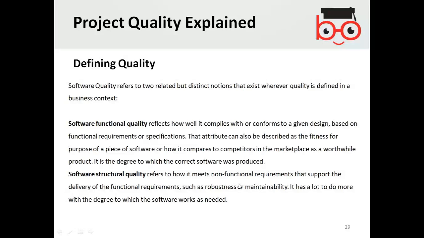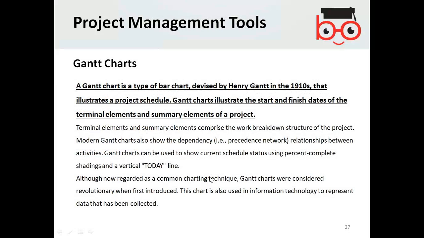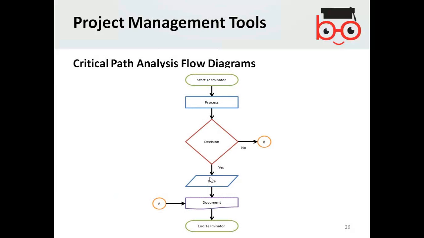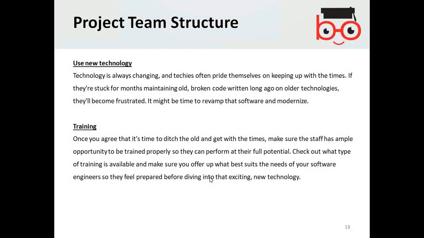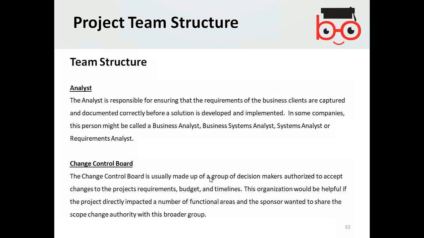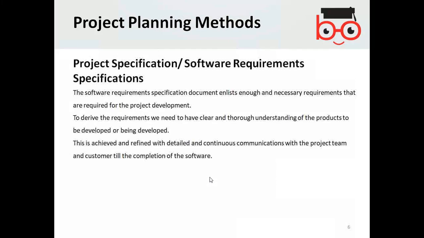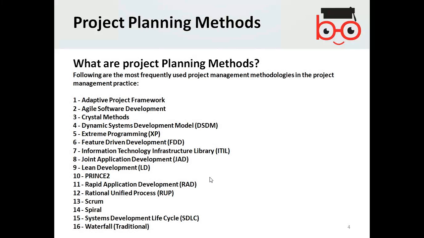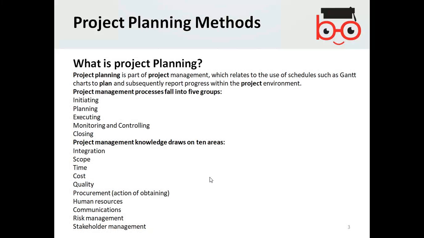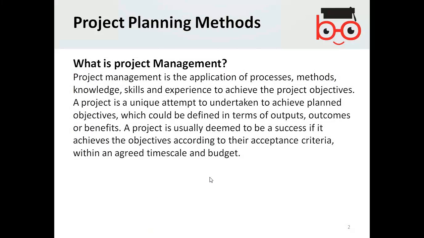When you talk about the non-functional, it means how the overall system works. So the timeline, project management tools, the overall structure, team, certain specifications about the software, project planning methodologies, project planning itself, and project management definitions we discussed.